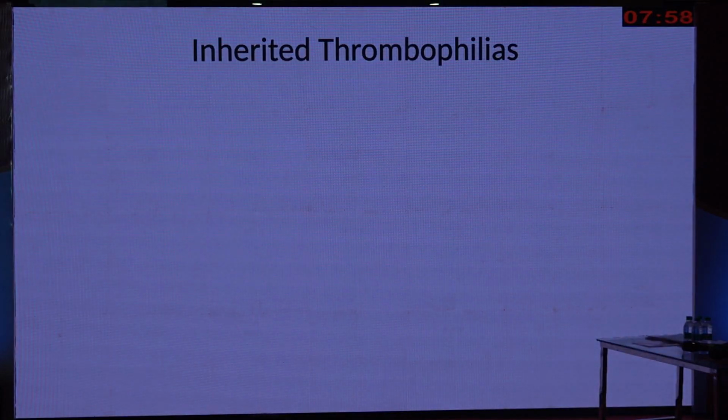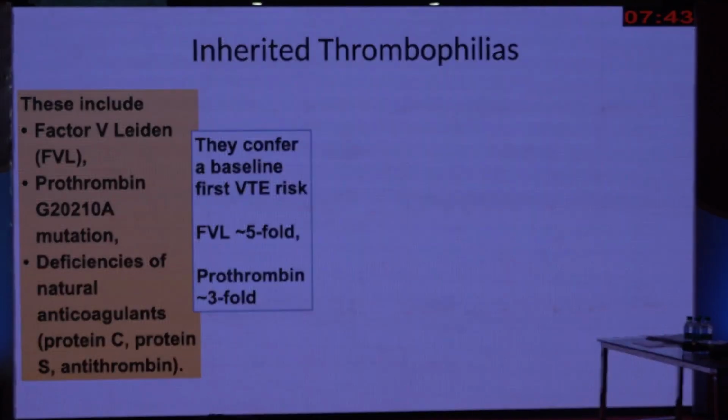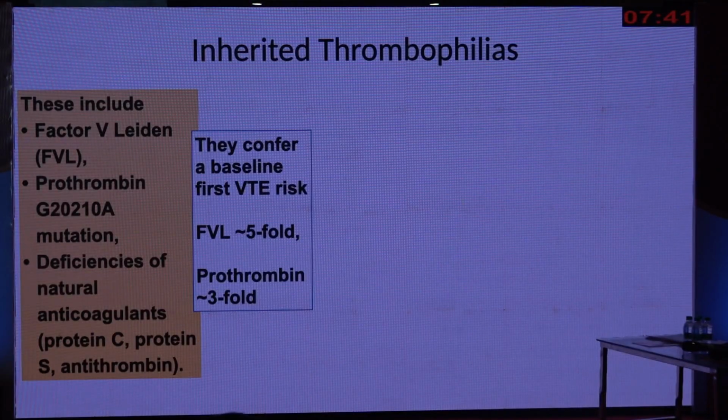Starting with the inherited thrombophilias, there are basically three types: Factor V Leiden mutation, prothrombin mutation, and the deficiency of natural anticoagulants like protein C, protein S, and antithrombin. They confer a baseline venous thromboembolism risk, FVL 5 times more than the baseline, and the prothrombin mutation 3-fold more.